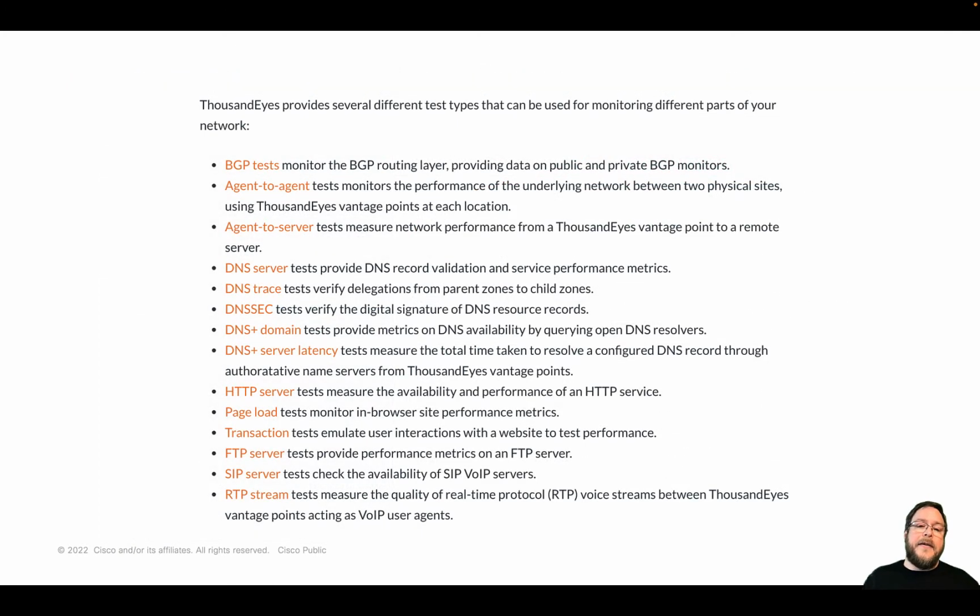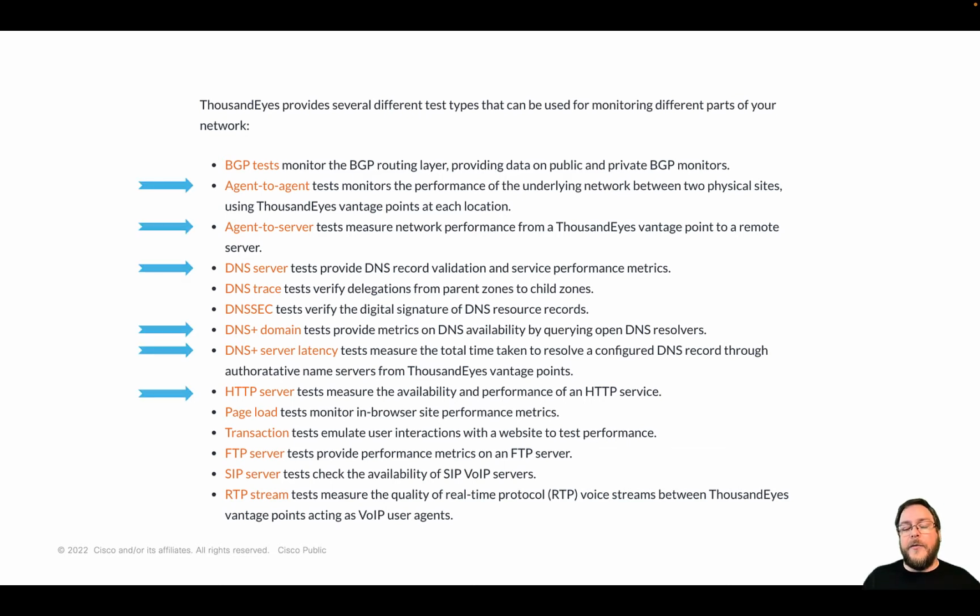Now, ThousandEyes has several different test types, and they can be used for a lot of different parts of network monitoring. Some of them are useful to you as a cloud developer. Some of them are probably more useful to your infrastructure support teams and SRE folks.